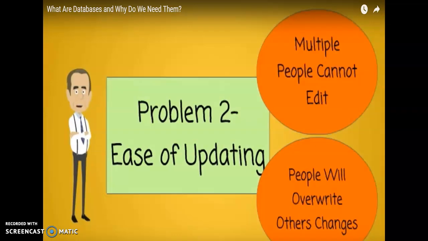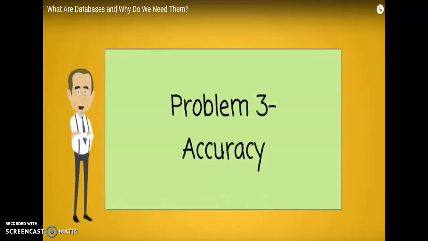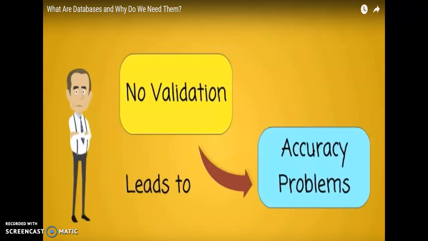Multiple people cannot edit, or else people can override the other's changes. This leads to the problem of inconsistency of data. Next comes the accuracy problem. If there is no validation, that leads to an accuracy problem. Validation means checking the correctness of the data.